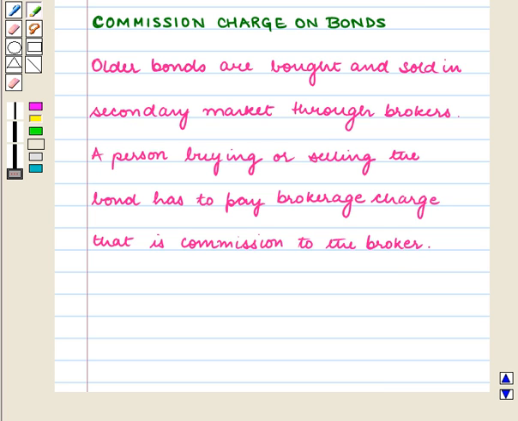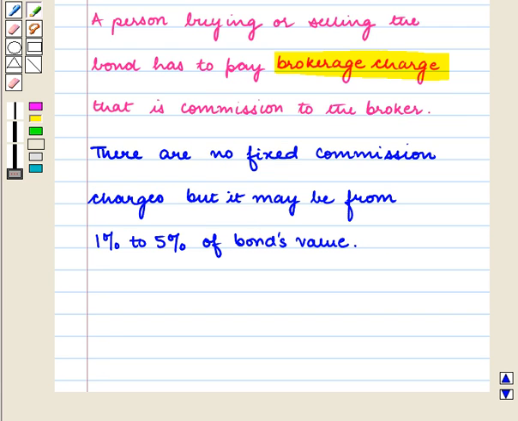Thus, when bonds are bought and sold in the secondary market, a brokerage charge is commonly added to the price of each bond. There are no fixed commission charges, but it may vary from 1% to 5% of the bond's value.